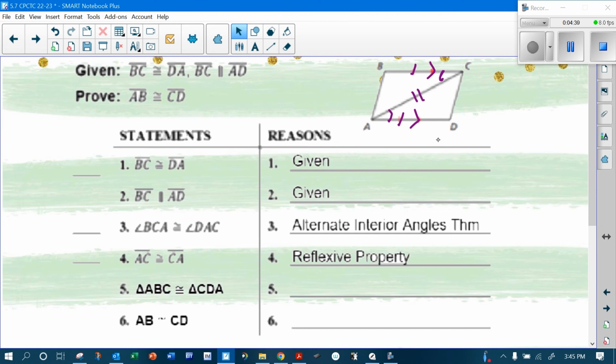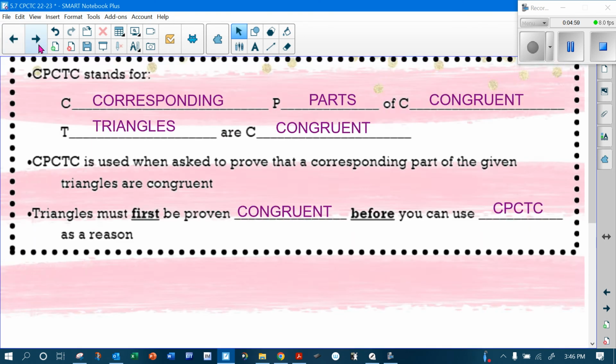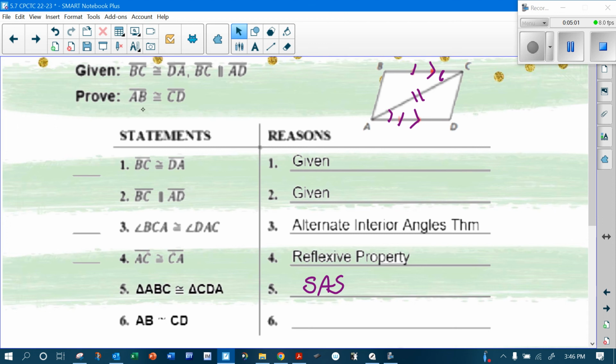And we said that that side was equal to itself because it's part of both triangles. So we already said, hey, this triangle here, ABC, is congruent to CDA by side, angle, side. So this is the same proof that I did for you right here.